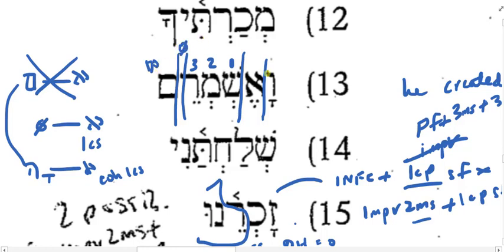Is that possible? It's possible, right? Because the prefix aleph could be uninflected on the back side. So that could be I, shamar, and then the pronoun is 3MP, them, okay?